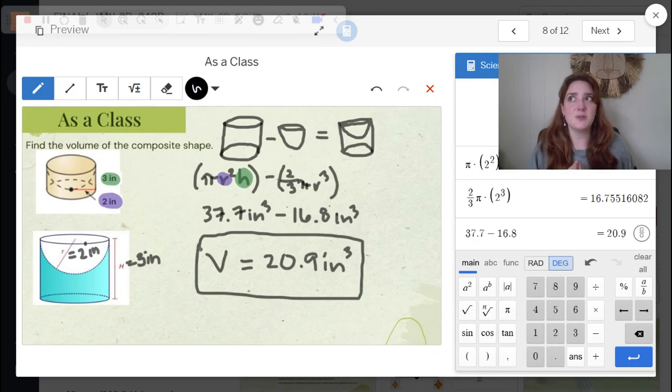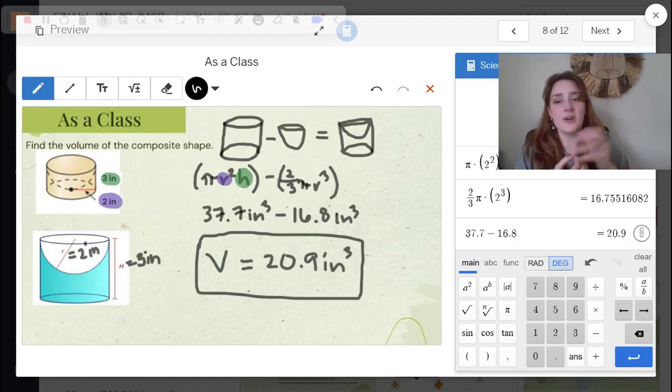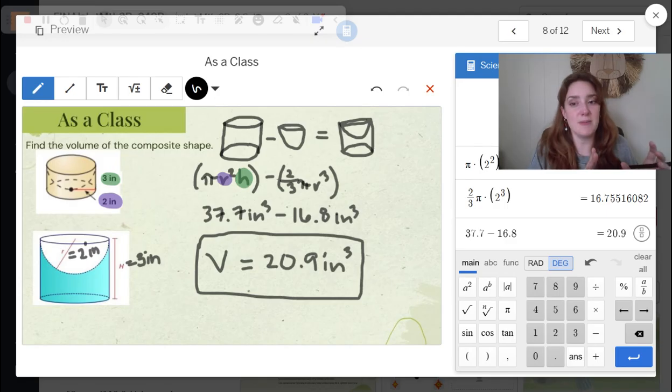Whenever we're dealing with the volume of a composite shape, we need to identify some things. What is the general picture? What do we see here? I see a cylinder, and it looks like we're taking away from that cylinder this hemisphere, this half sphere. That leaves us with this new shape: the cylinder minus that hemisphere.